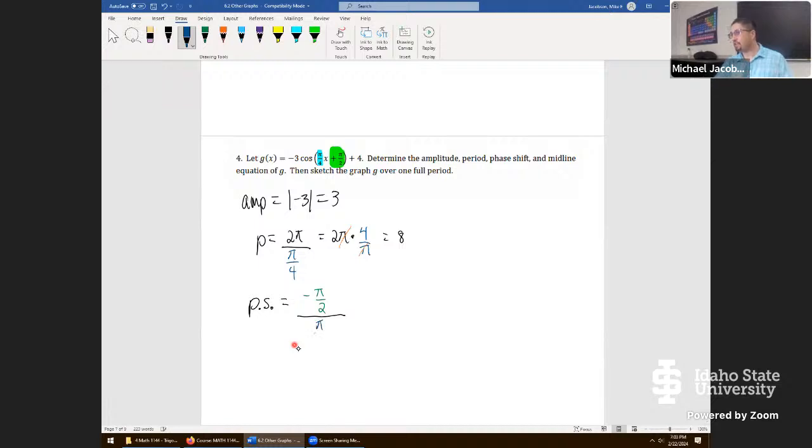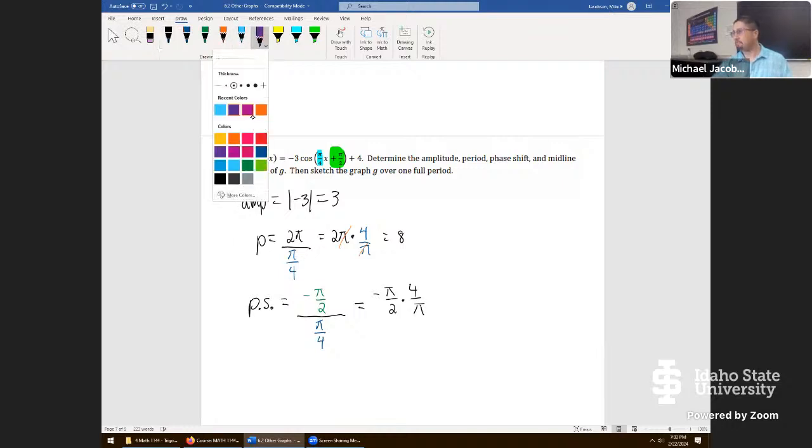And if you look at the color coding on every one of these functions we've done, that's a nice and foregone conclusion each and every time. So it becomes a pattern that we just follow our muscle memory on pretty much. So now negative pi over 2 times 4 over pi. Let's make this look like an actual cancellation. We'll cancel this way. 2 goes into 4 two times, so -2 for phase shift.